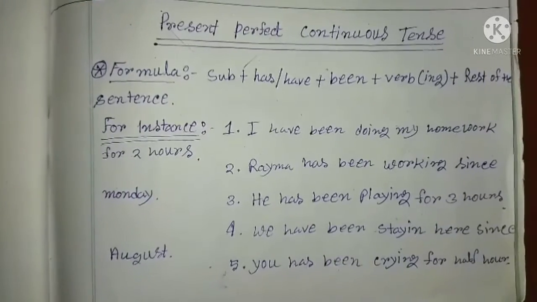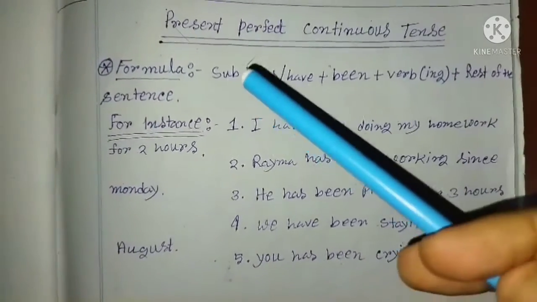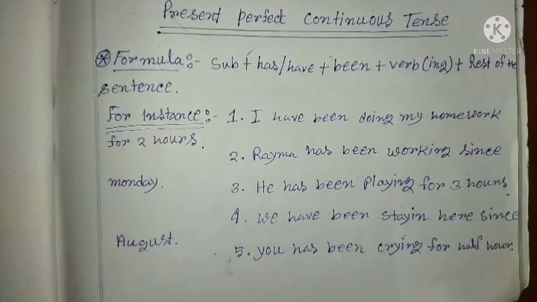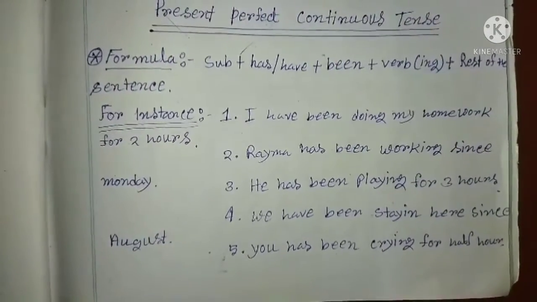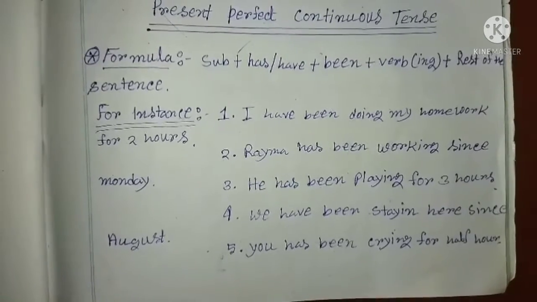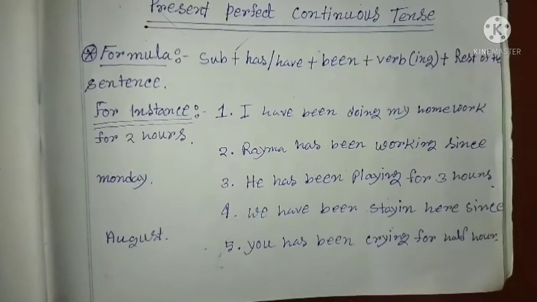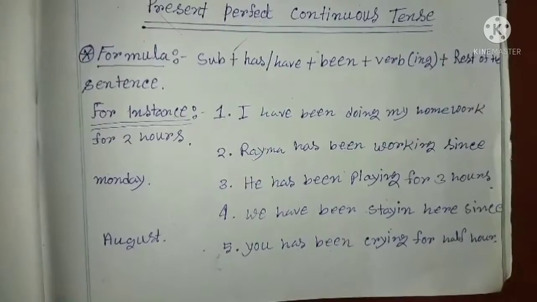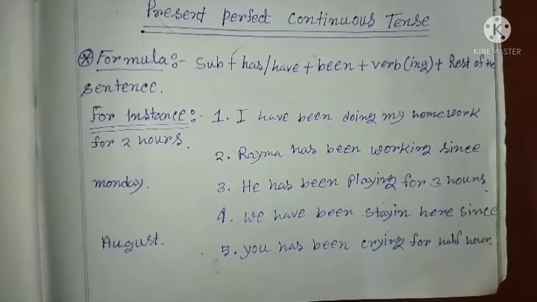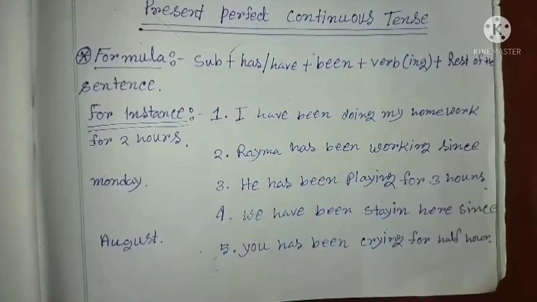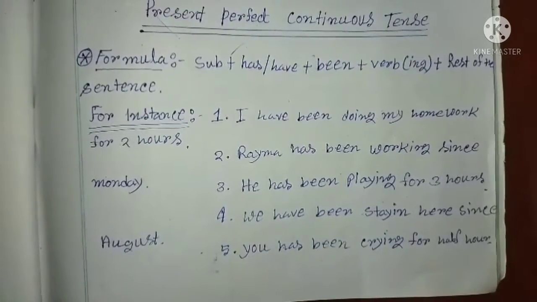And it's the fourth and last tense, that is present perfect continuous tense. We had learned before present continuous tense and present perfect tense. And here I use both tenses equally. I mean that here you will get some influence of present continuous tense and present perfect tense both. Got it?